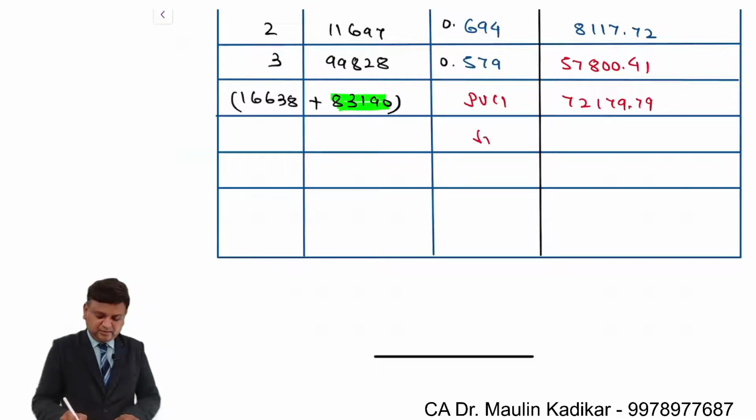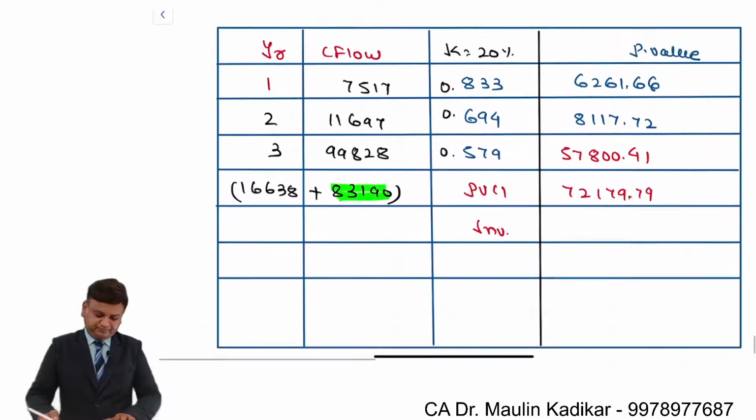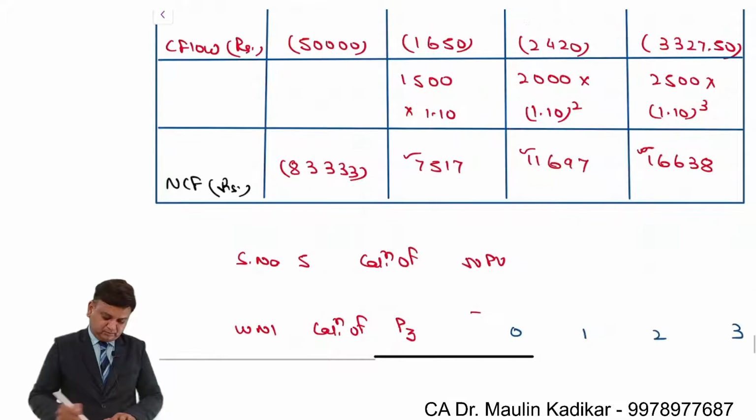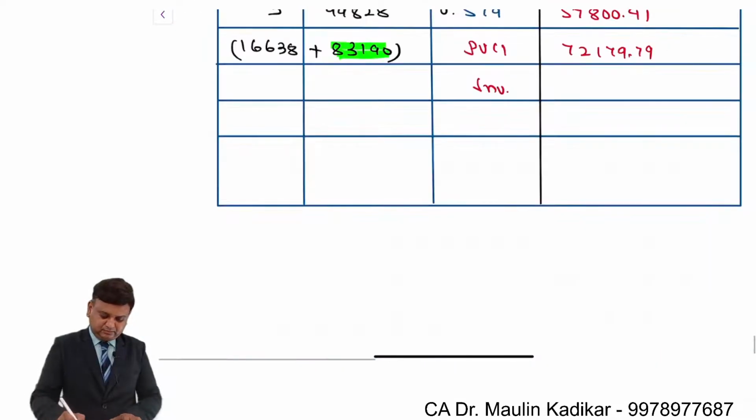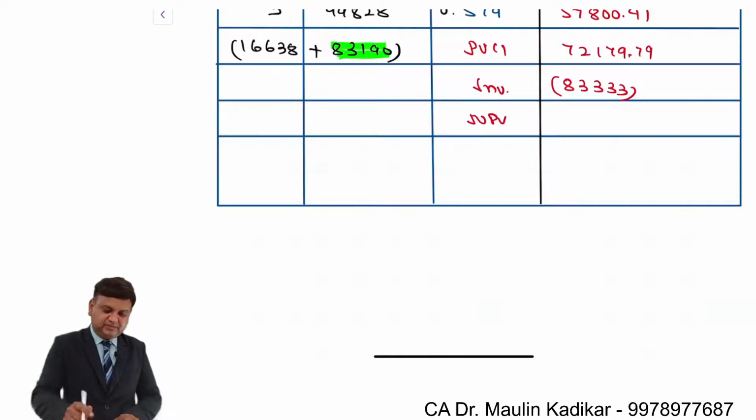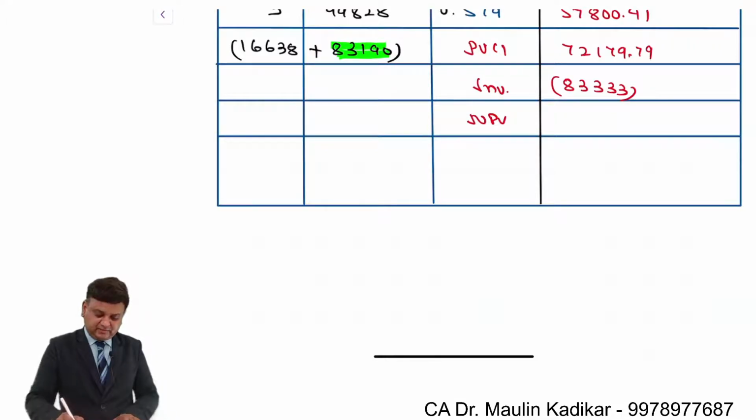72,179.79 less investment. It is 83,333. Difference of them is NPV, and unfortunately the NPV is negative. 11,153.21.